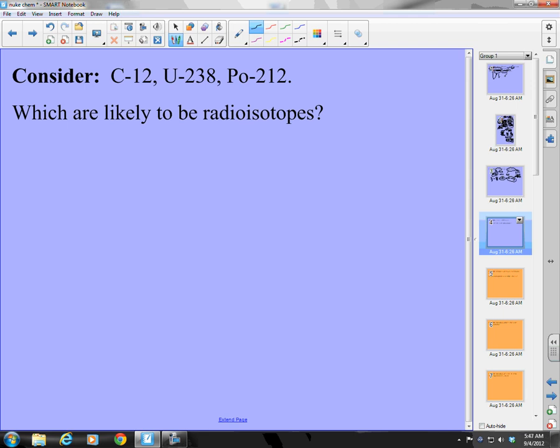Okay, let's come back to carbon-12 and do the easy ones first. Uranium-238 and polonium-212. Uranium, how many protons does it have? Uranium has 92 protons. Is that greater than 83 protons? Yes. So what are we going to say about uranium? It is radioactive.